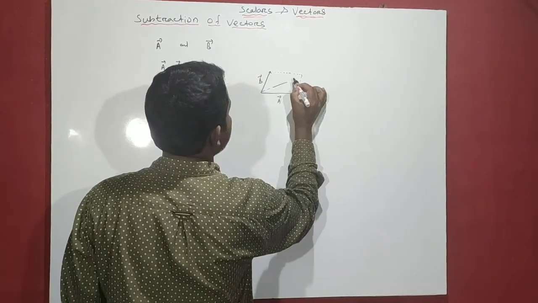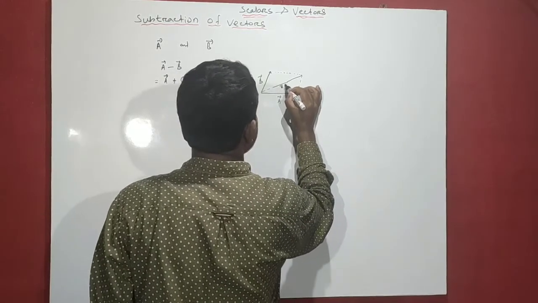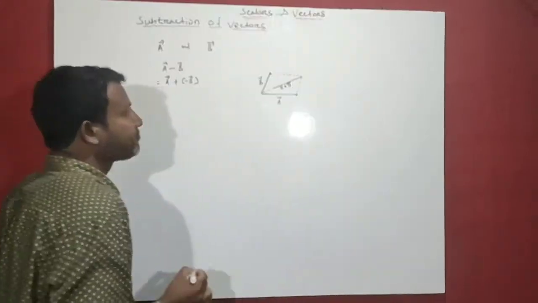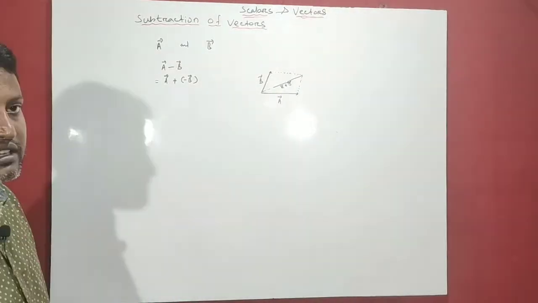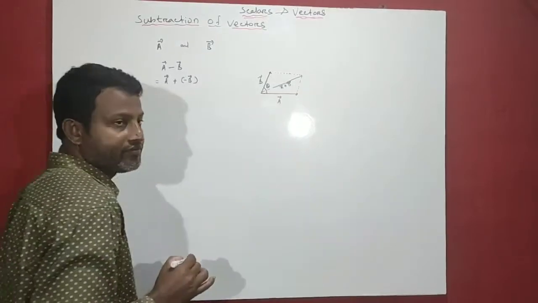This diagonal represents A plus B. The angle between A and B is theta.